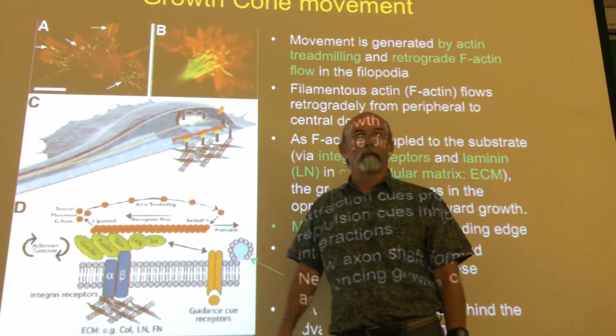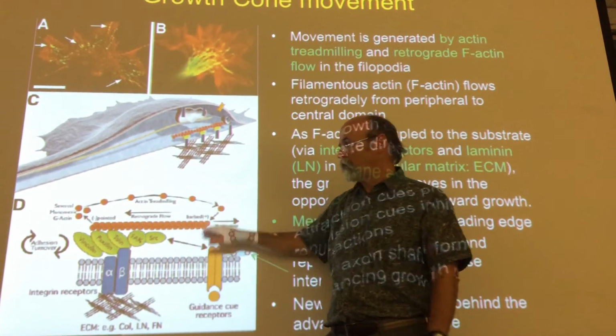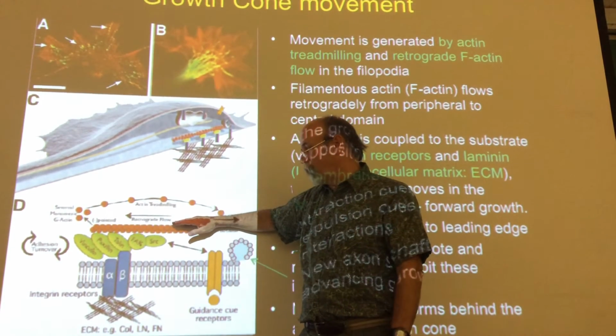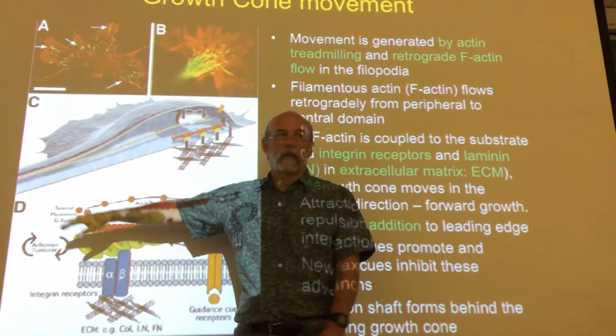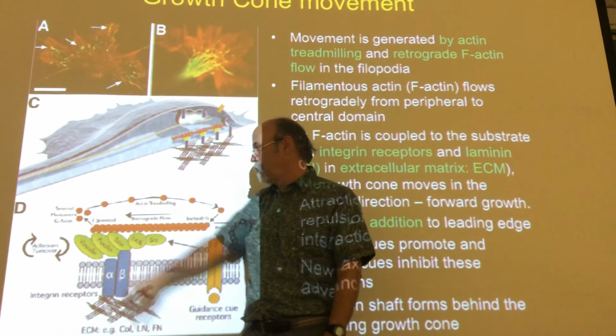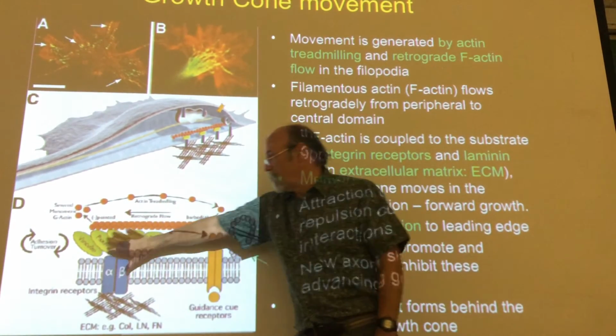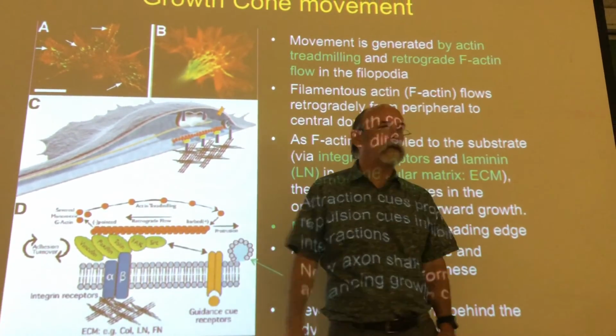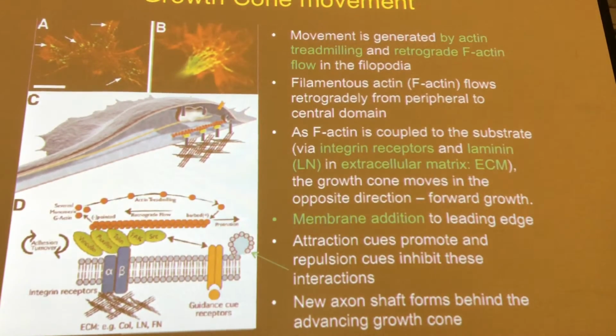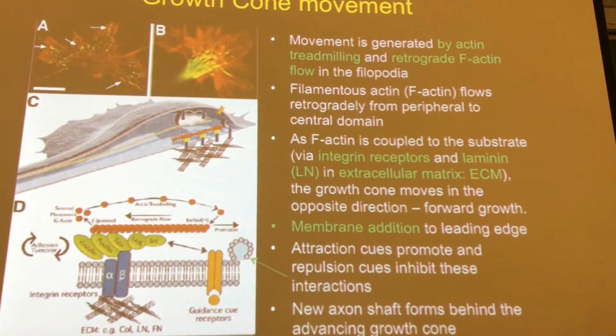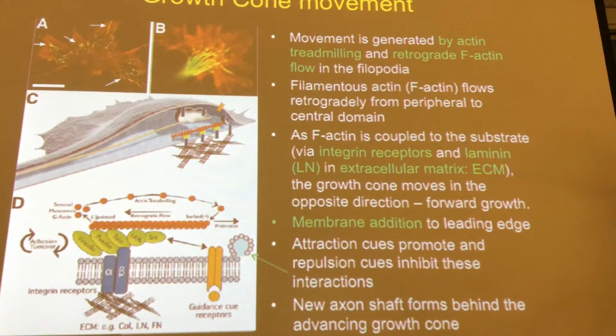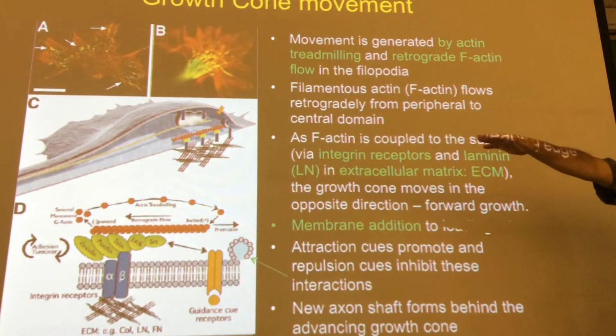So which way is it going? Okay, it's adding to the front, taking off the back. So what it's doing is it's shifting this way, all right? Well, where's this going? It's going that way. So that's why the directionality is forward. So it's generating force that's pushing the whole thing this way.